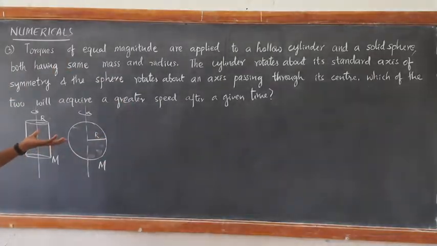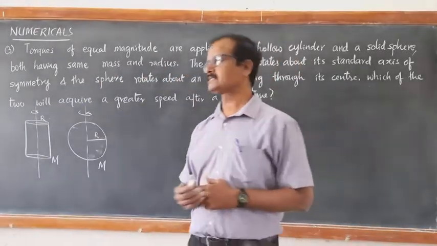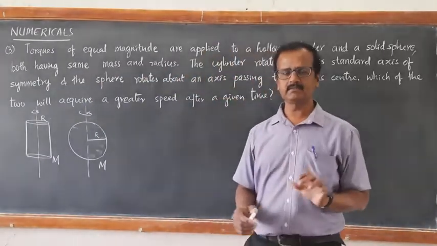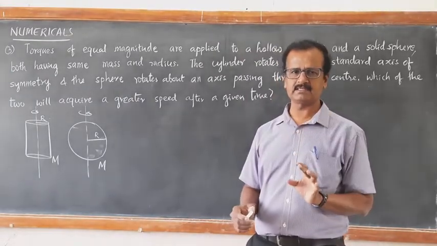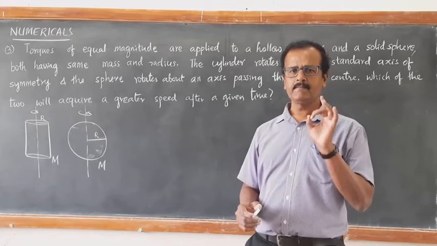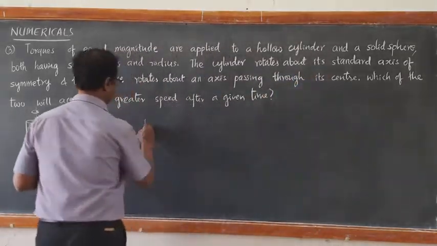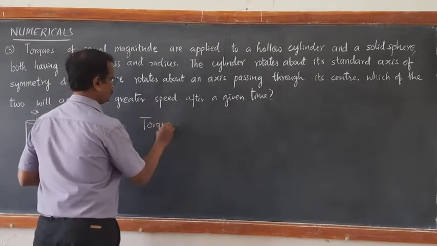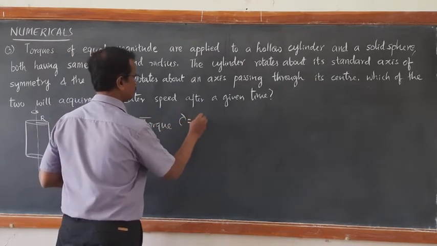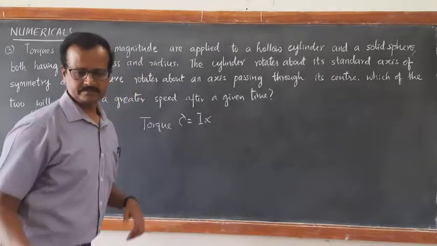Which one will acquire greater speed? This problem is very simple; you should have a basic concept. We know that torque tau is given by moment of inertia into angular acceleration.